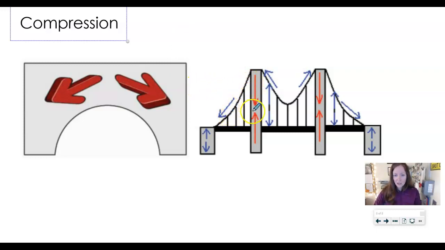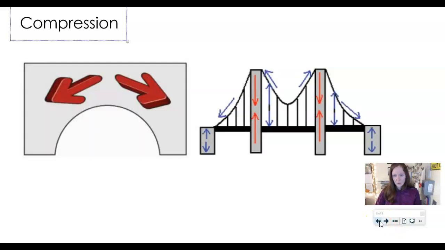Again, I mentioned with tension forces, when the tension in the cables is applied to the towers, it puts the towers in compression. So you have these gigantic steel or even stone towers that are pressing down into the earth, which can absorb an enormous amount of stress.